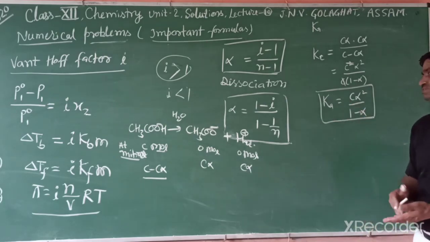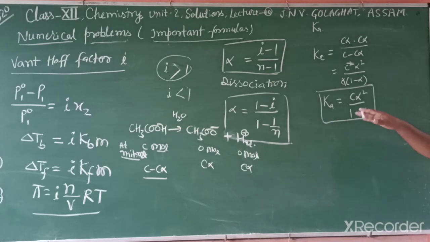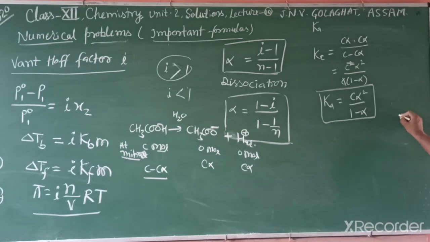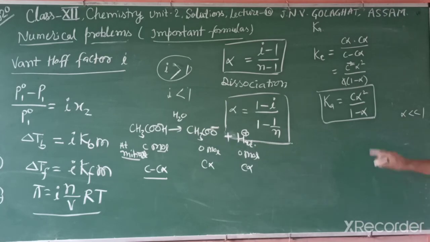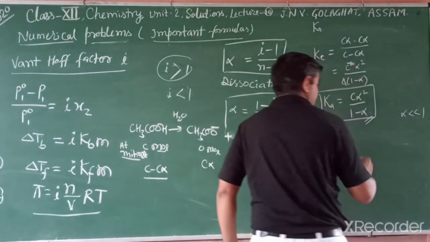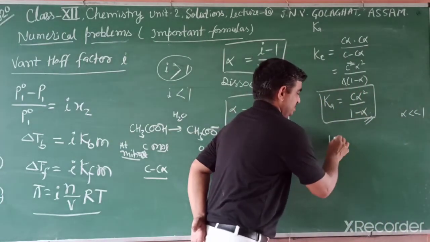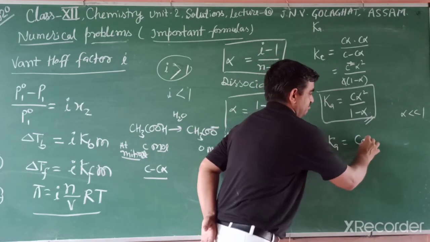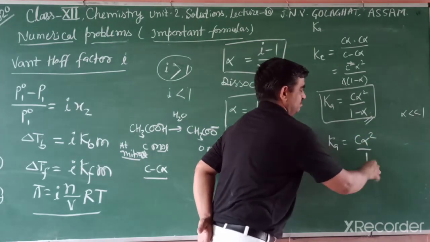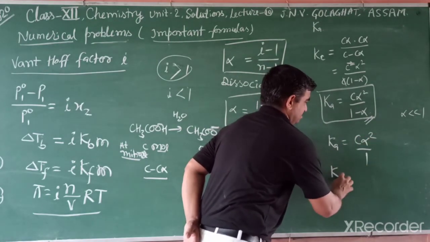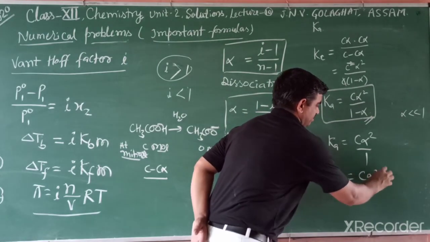But sometimes solving this makes a quadratic equation, which is slightly difficult. If the solution is very dilute and alpha is much less than 1, then alpha in the denominator, with the degree of dissociation, we can ignore. Then the numericals are more simplified: K is approximately C alpha square.